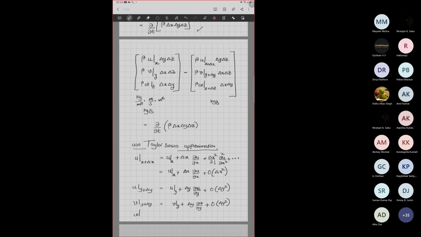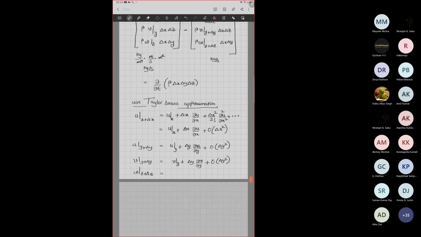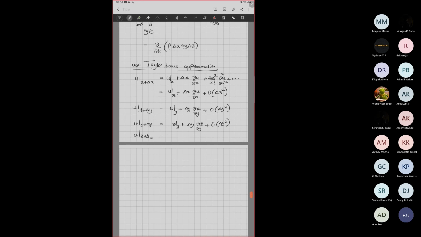Similarly, W calculated at z plus delta z is W at z plus delta z multiplied by del w by del z plus order delta z square. This is the way we have to expand.